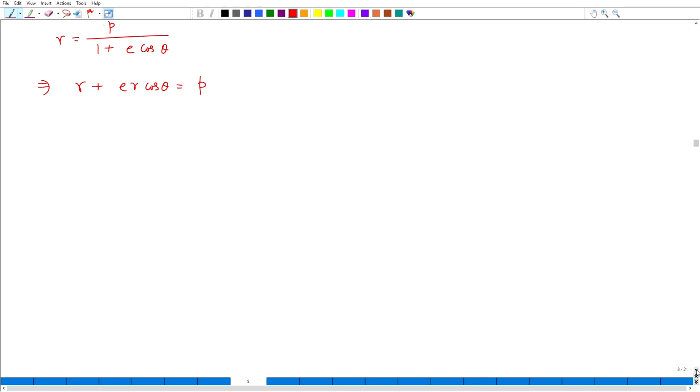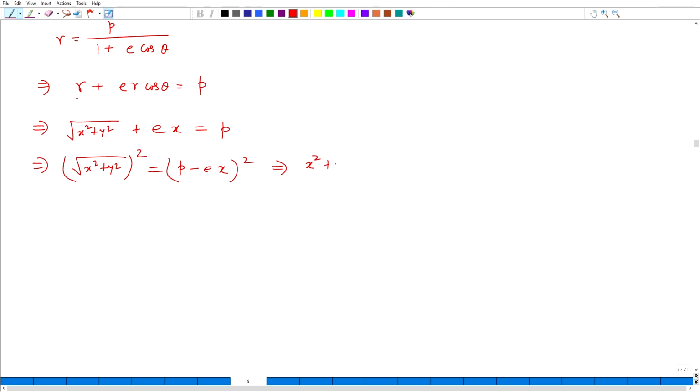What is my r in Cartesian coordinates? This is root over x square plus y square, plus e r cos theta, which is e x, is equal to p, another constant. So, I can take this one on one side and p minus e x on the other side. I take the square of both sides.